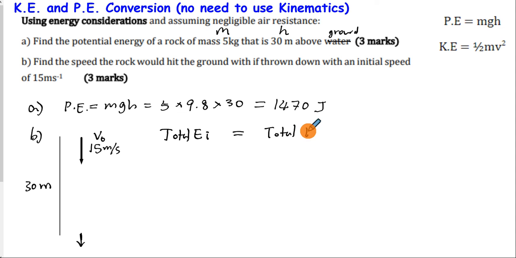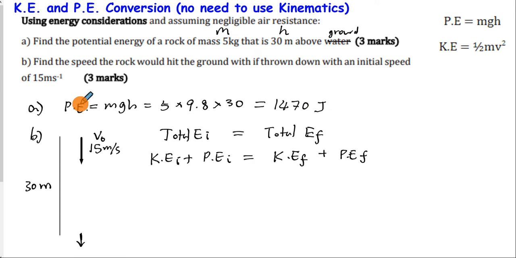And we always consider both the kinetic and the potential energy at initial time, and at the end time we'll consider the final kinetic and final potential energy. That statement with a closed system is always true. That's the conservation of energy concept.